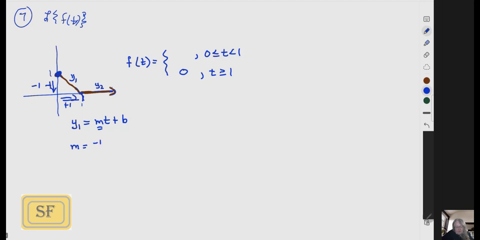So our slope is -1 over positive 1, or just -1. And then b is our y-intercept. So b is 1. So the equation for y1 is negative t plus 1.